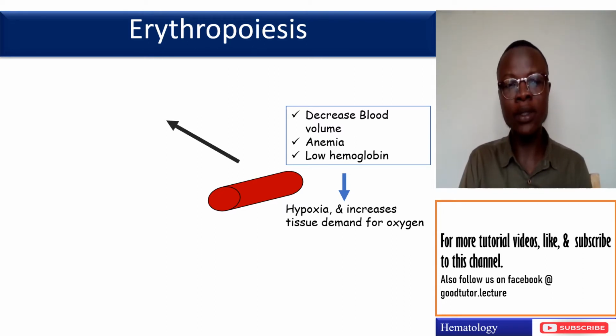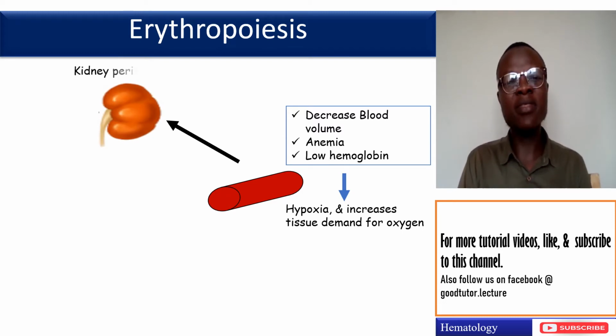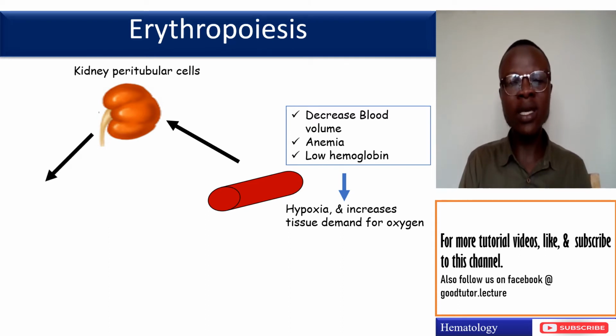When this happens, this decreased partial pressure of oxygen is detected by the renal peritubular cells that are located in the kidney. Upon detection, these cells stimulate the kidney to release one of the cytokine family, that is the erythropoietin.